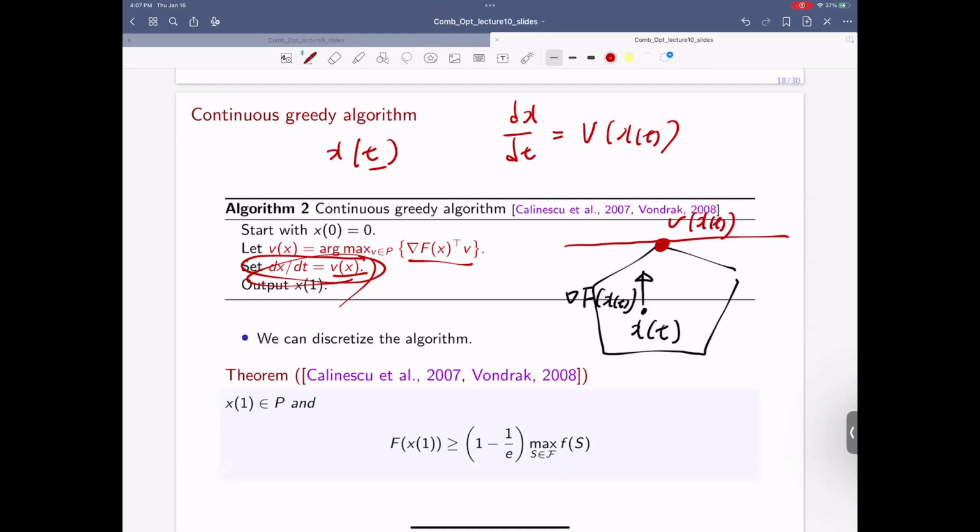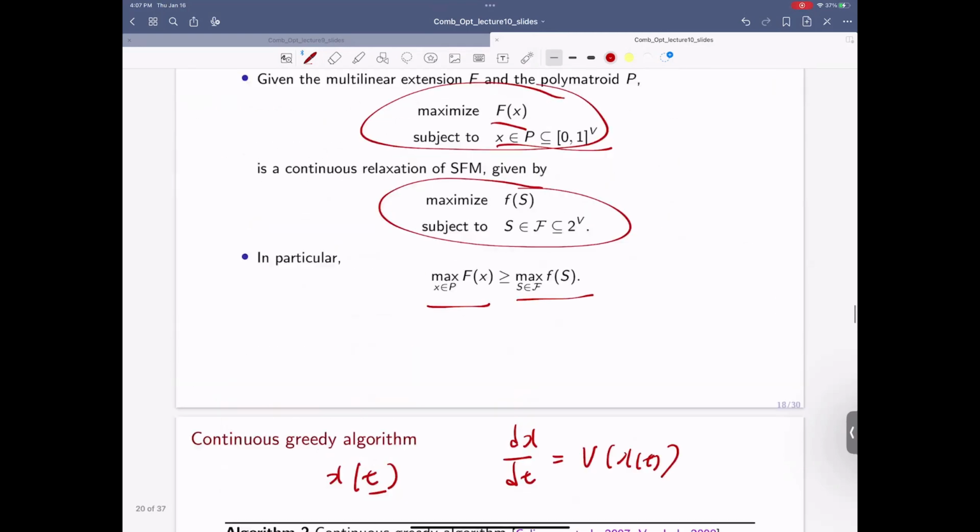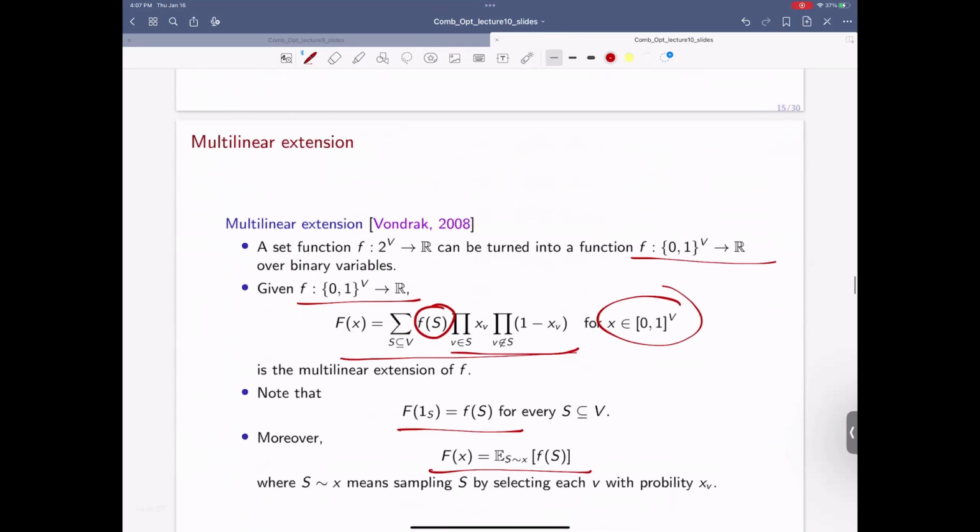Are we assuming that our original objective function should always be differentiable because we are taking the gradient? Well, the multilinear extension by definition is differentiable. This is a multilinear function, you take multinomials.